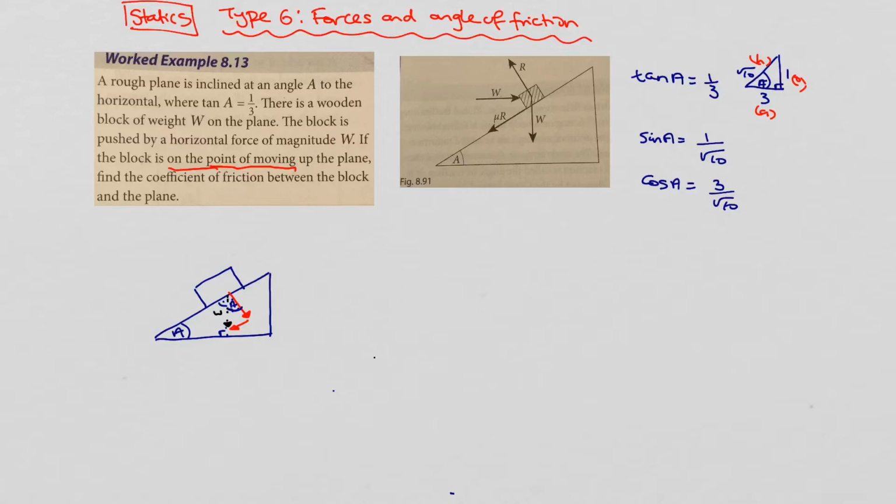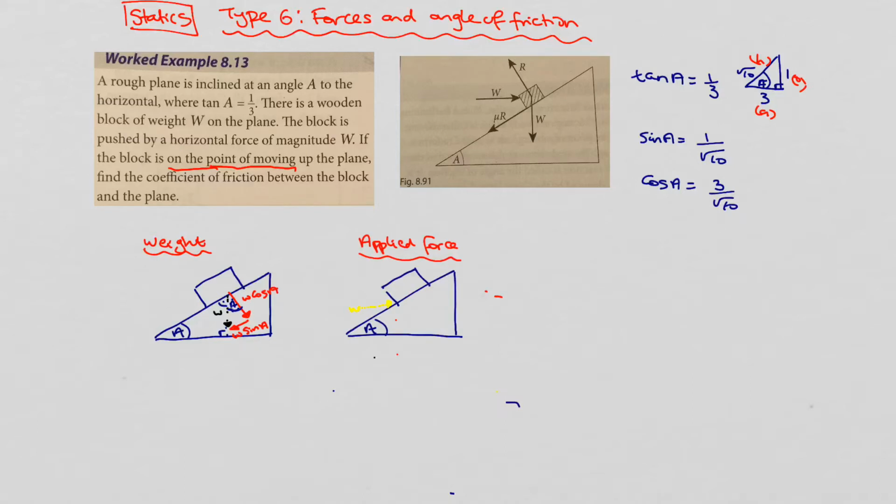So when we resolve it, the component parallel to the plane is W sine A, and the one perpendicular to the plane is W cos A. So this is our weight resolved.